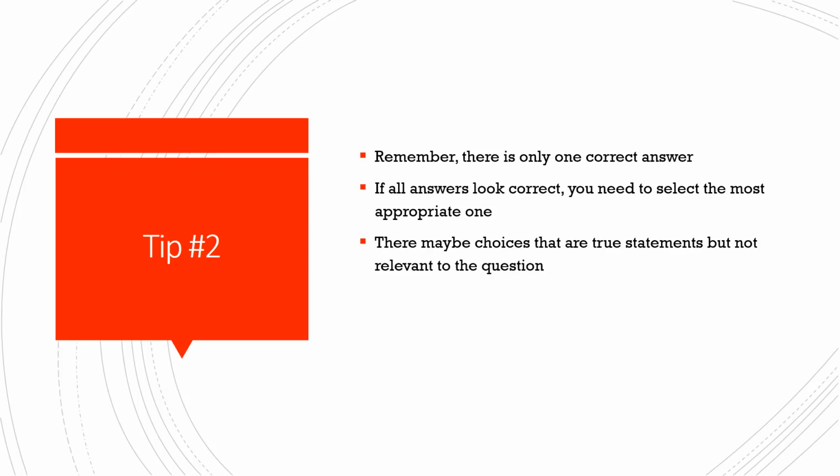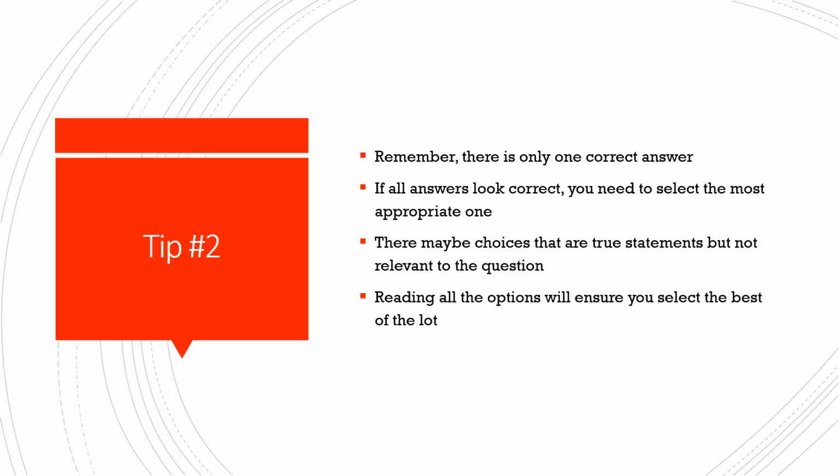Again, when you feel that all the choices are correct, try to distinguish between them: which of these choices are true statements but not relevant to the question. Now, that is important, right? That is why you need to read all the options to be able to select the best one.